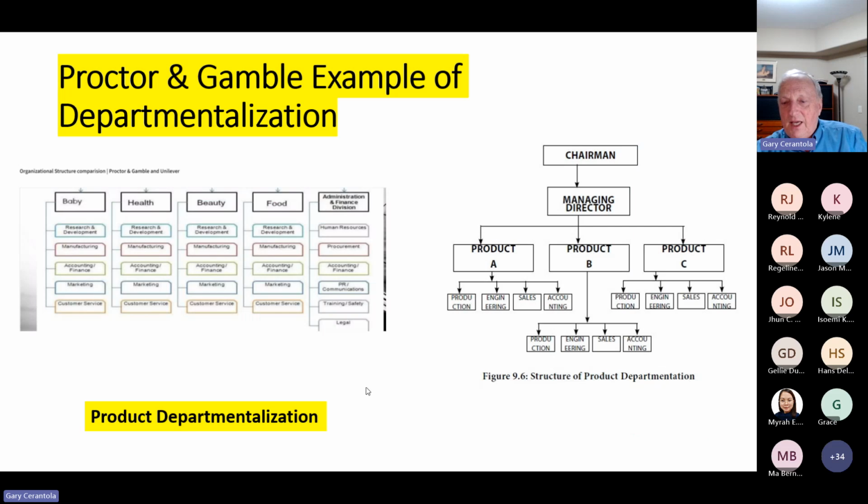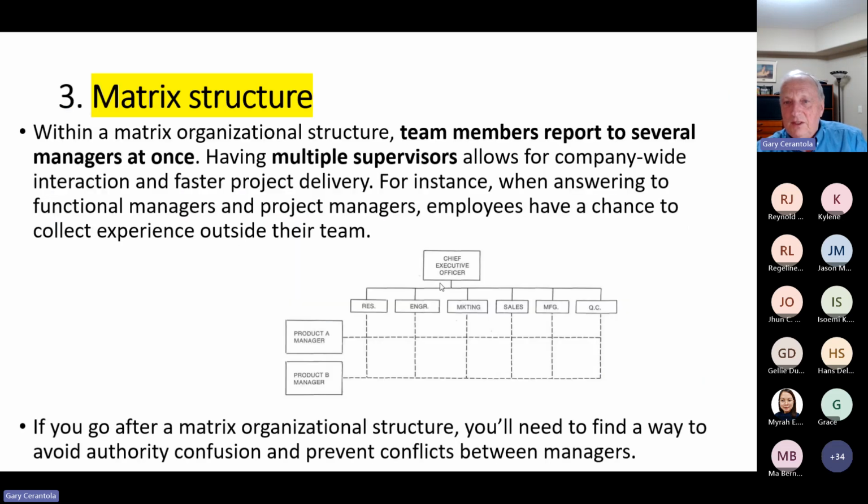Okay, so here's a view of Procter & Gamble in terms of departmentalization. You can see that basically it's product lines of baby products and health products and beauty products and food, and then the standard services that are provided for all of these different departments.